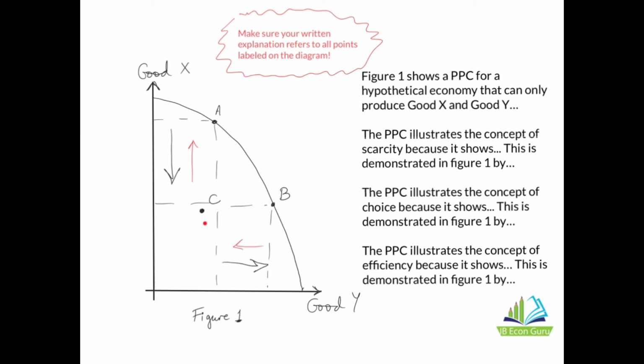But any point inside the PPC is due to either unemployment, where some resources are not being used, or inefficiency. Maybe all resources are employed, but they're used in a wasteful or inefficient manner. And this is how the PPC illustrates the concepts of scarcity, choice, and efficiency.